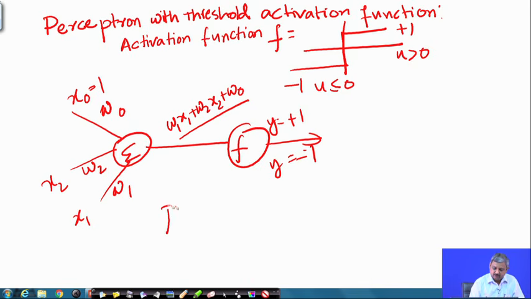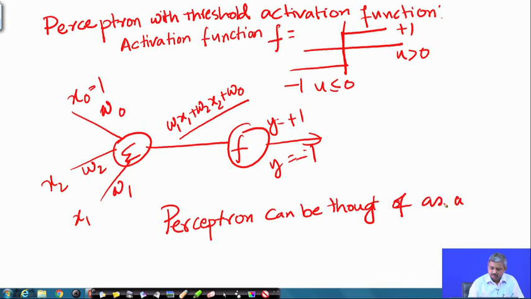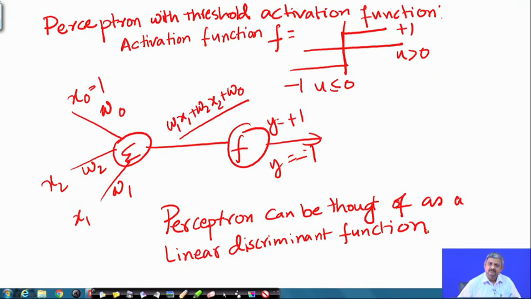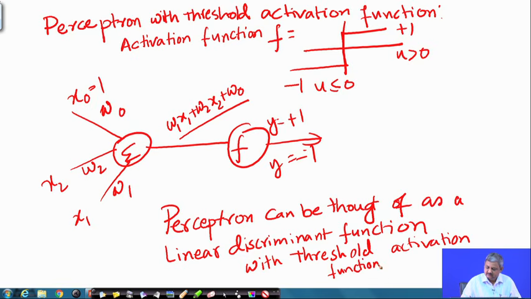So, perceptron can be thought of as a linear discriminant function with threshold activation function.